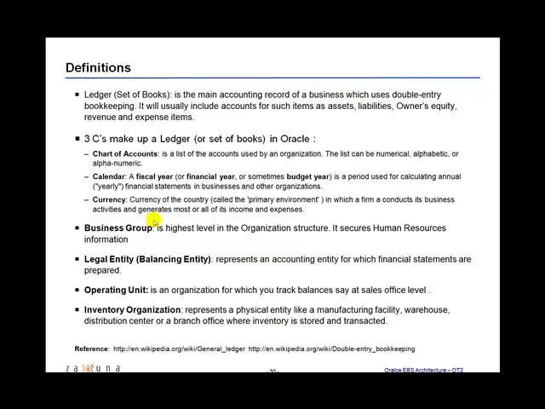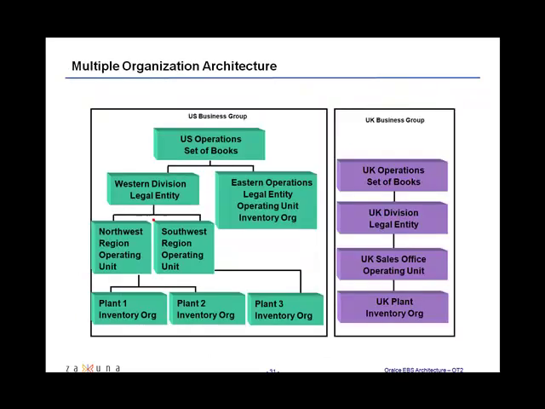With these definitions, now let's see how the multi-org architecture would look. In the previous slide, we had the same slide, but now at each level we have identified whether it's a set of books or a legal entity, and so on.